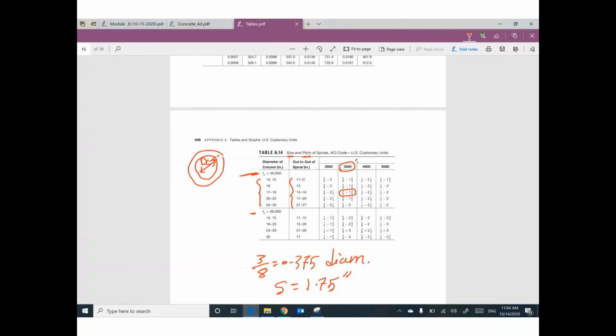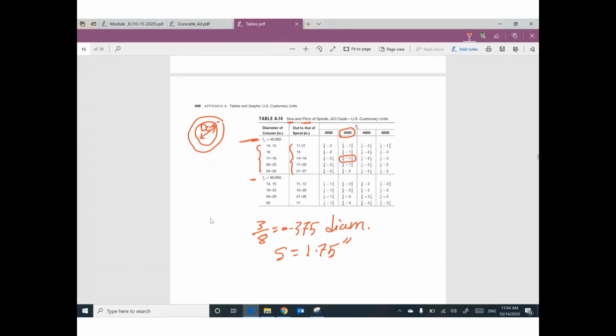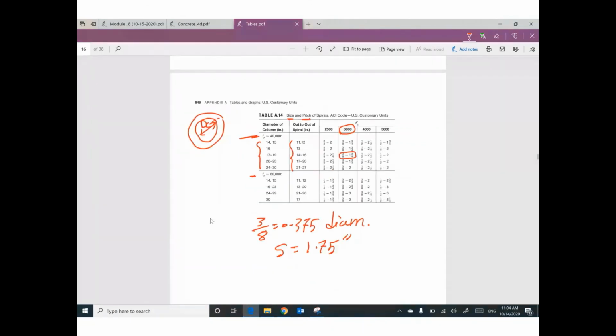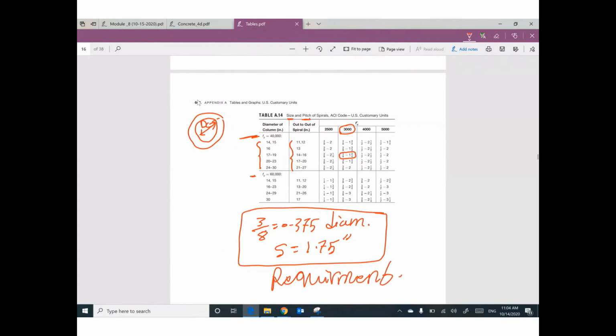These are the minimum requirements. So this table, on page 646 or Table A14, is based on the F yield of steel, the diameter of the column, and the diameter of the spiral, which is called DC after you subtract the cover.